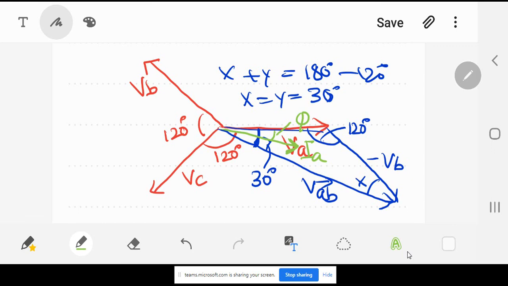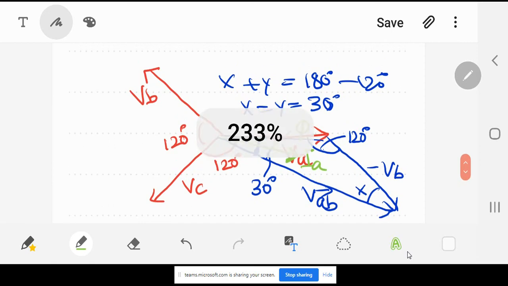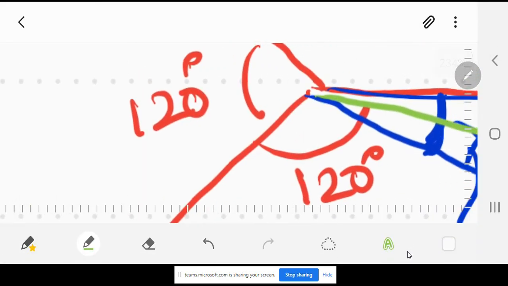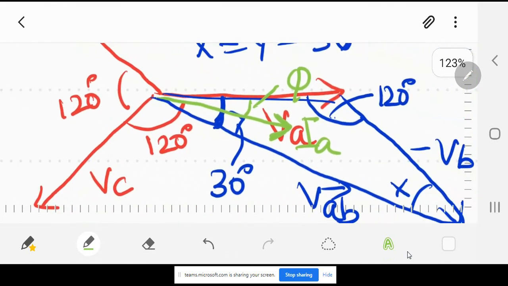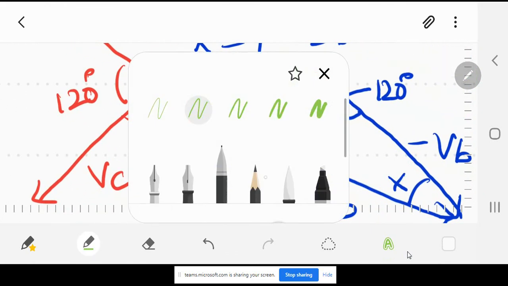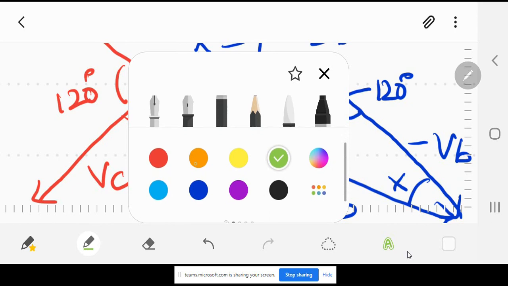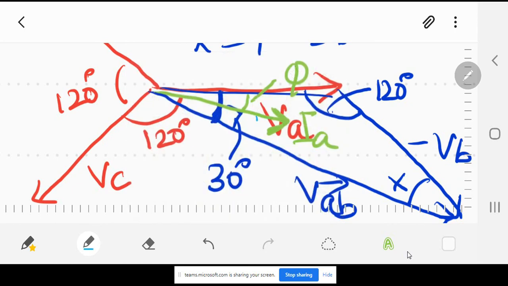That is 30 minus phi, because this angle over here is going to be equal to 30 degrees minus phi.